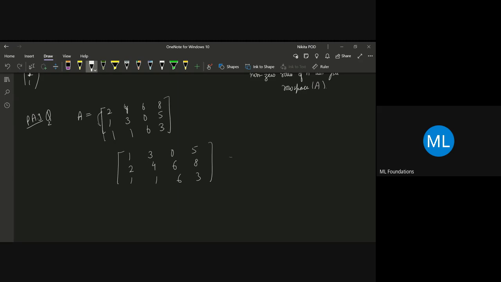Then I will do R2 replaced by R2 minus 2R1, and R3 replaced by R3 minus R1. Okay. So we have 1 3 0 5, 2 minus 2 is 0, 4 minus 6 is minus 2, 6, and 8 minus 10 is minus 2.